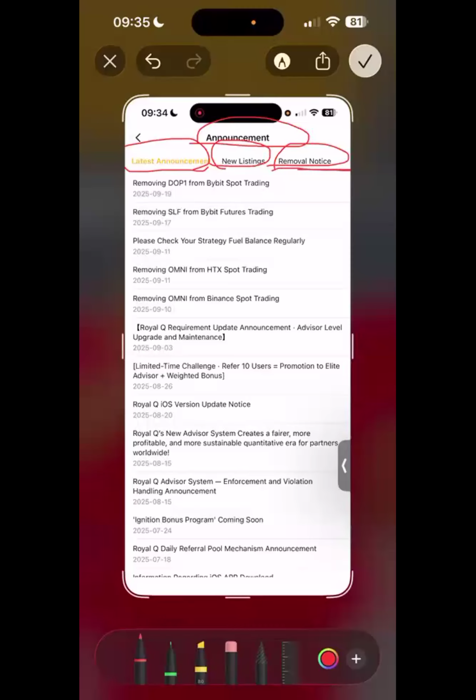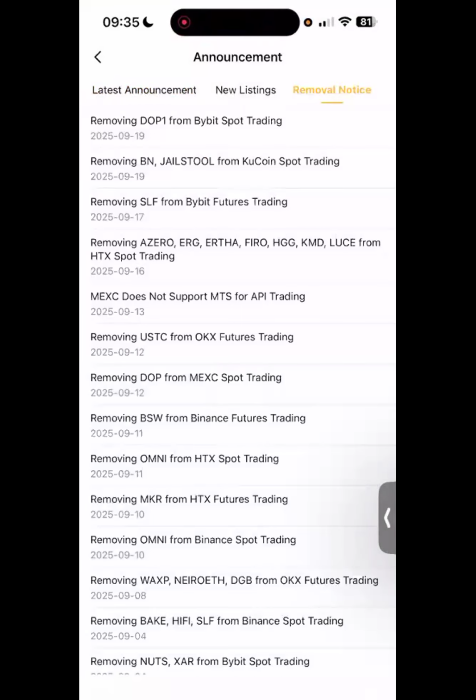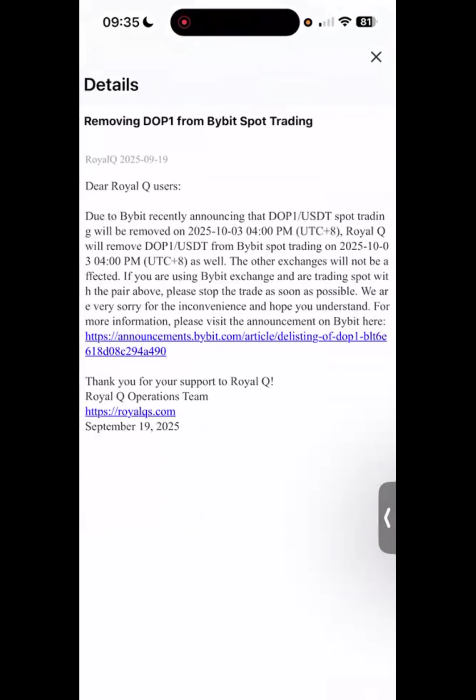This is where we get a notification that so and so coins are going to be delisted. So if you are trading them, you need to do the needful before it is too late for you. Once you open it up, you'll be able to see all the necessary information.